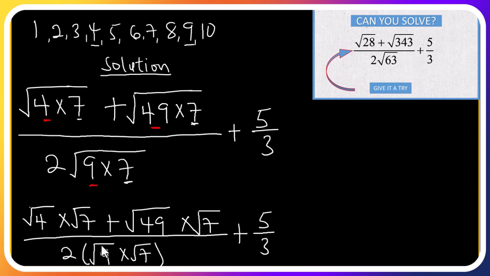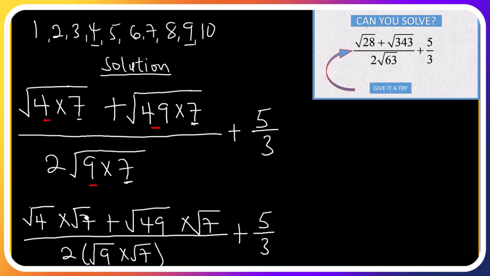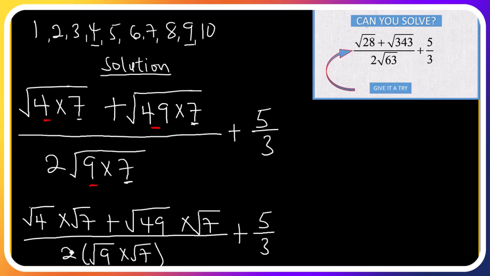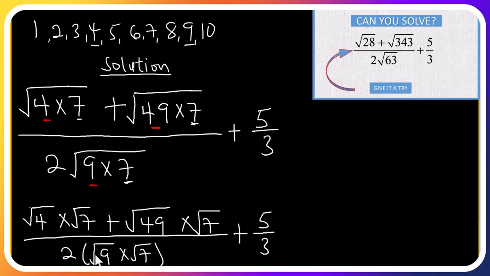So we move on by simplifying. Root 4 gives us 2, multiplied by root 7, which is 2 root 7, plus root 49 also gives us 7, so 7 root 7, divided by 2 multiplying the brackets root 9.